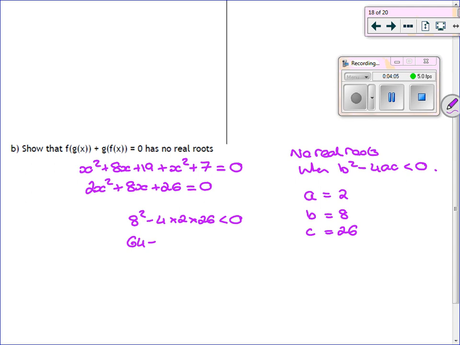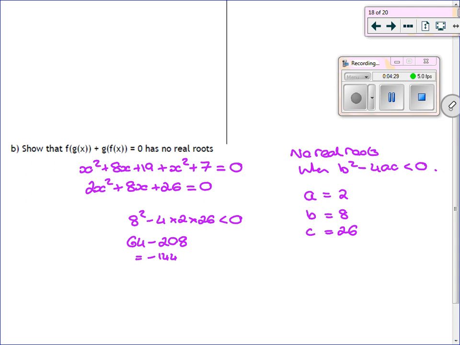And then minus 4 times 2 times 26, which is going to give me minus 208. Now, working that out gives me minus 144.